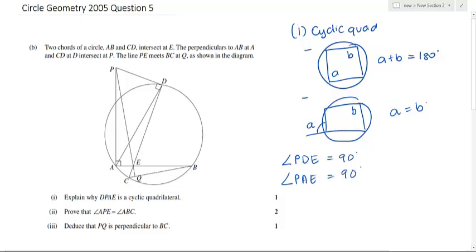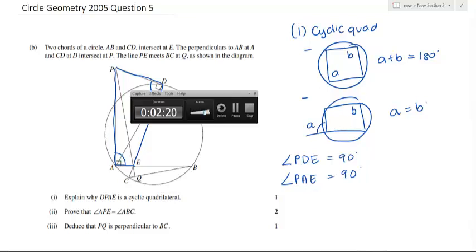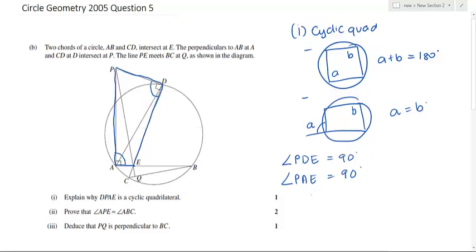I'll draw the quad again, neatly so it doesn't overlap any important information. We can see that this angle and this angle are opposite. So if we add PDE with PAE, that's 90 plus 90, which gives you 180.